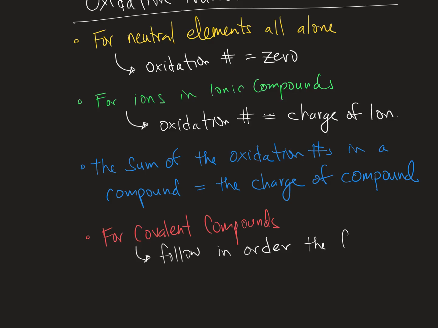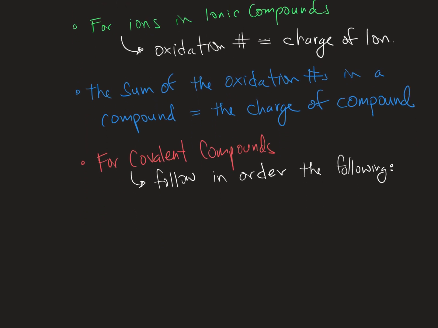So the sum of the oxidation numbers in a compound, that one's for all of them, not just ions. But it's more straightforward for ionic compounds, not as straightforward for covalent because covalent compounds don't have charges, right? We'll get there. But here we're not talking about the charges. We're talking about the oxidation number. Now the oxidation number for ions in an ionic compound is the charge. Okay?